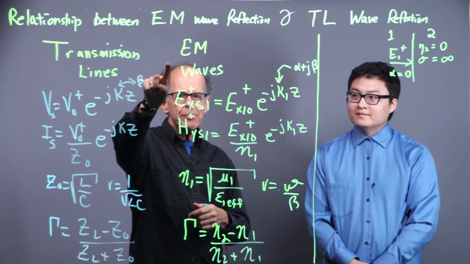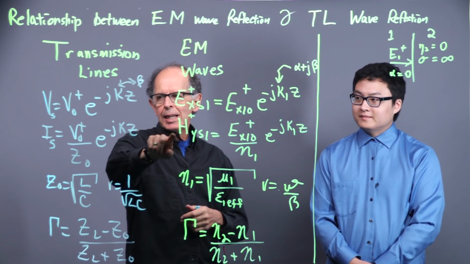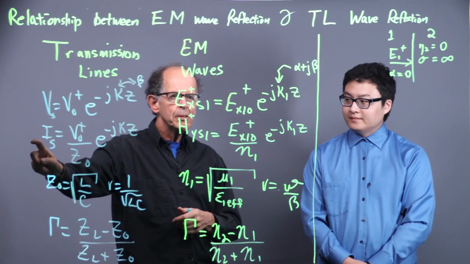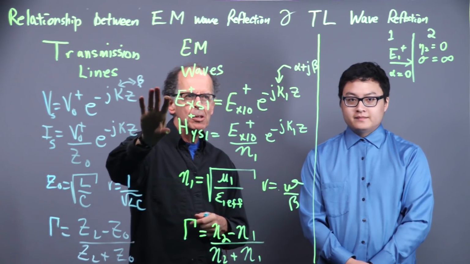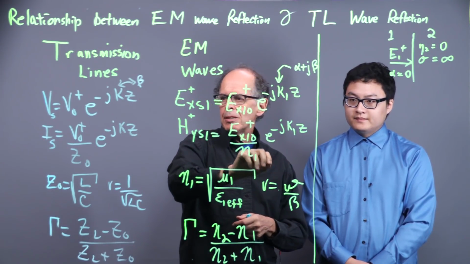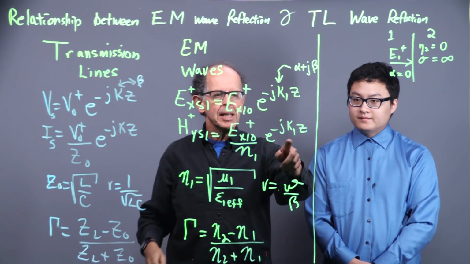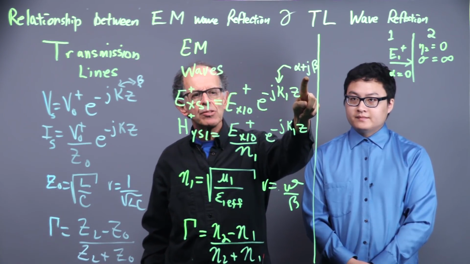EM waves. Well, if you look, E and H are equivalent to V and I. We discussed that in the intuitive videos. The forms of the waves, waves traveling to the right, K1 in general is complex.